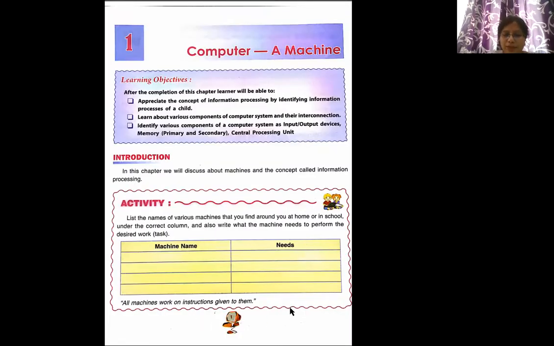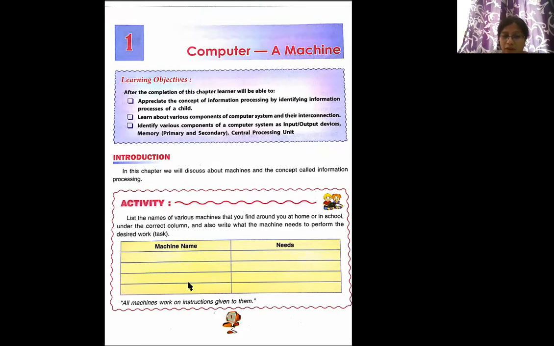I want you people to do this particular activity. Here, there are two columns. One is machine name and the other is needs. What you are supposed to do is list the names of the various machines that you find around you at your home or in your school. At your home, you might have many machines, correct? Electronic machines or any manual machines in the home or in the school.